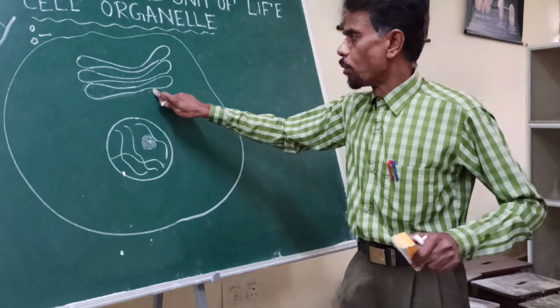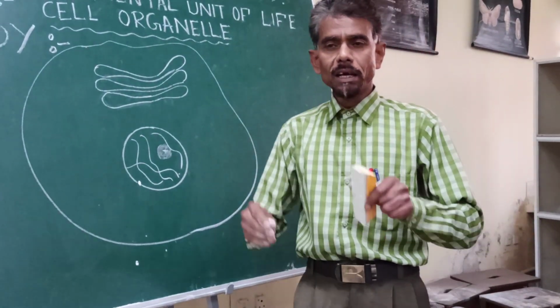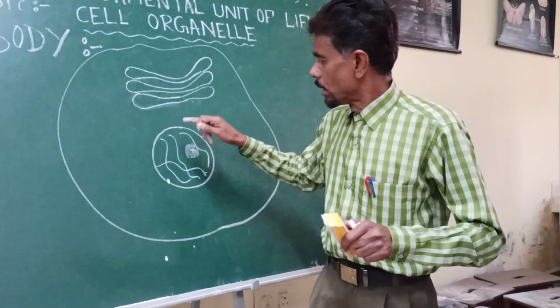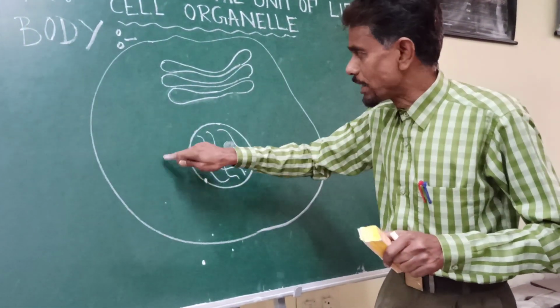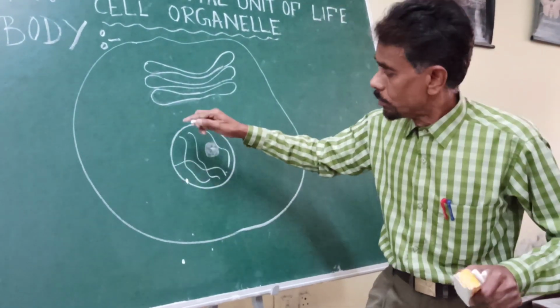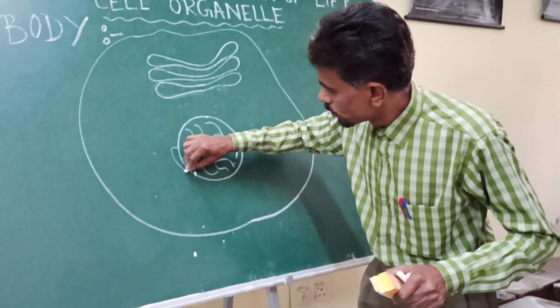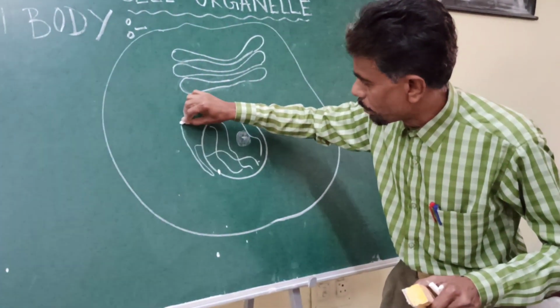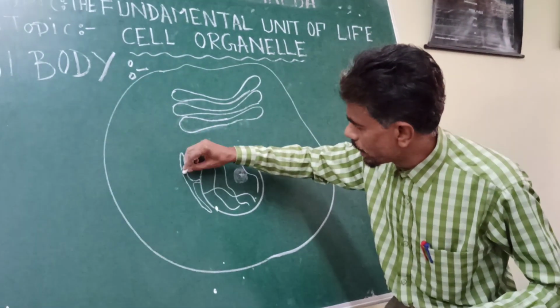So these Golgi bodies are almost sac-like reticular structures present near to the nucleus, adjacent to another organelle, which we have taken up in an early class, called the endoplasmic reticulum.